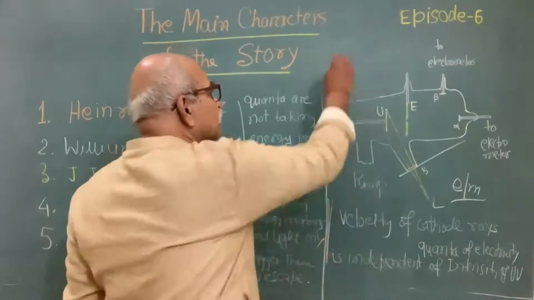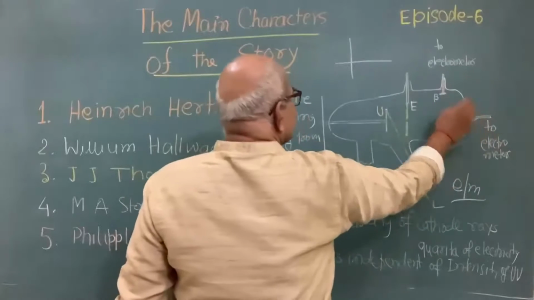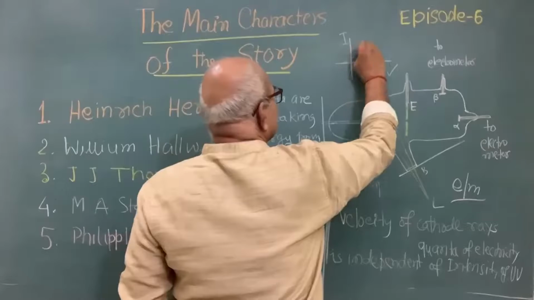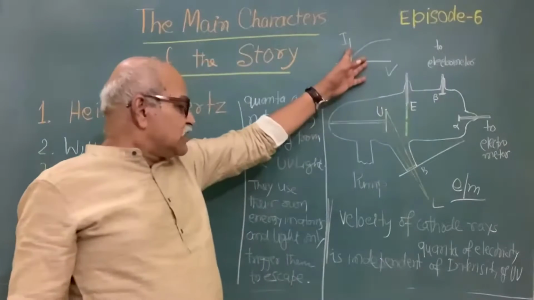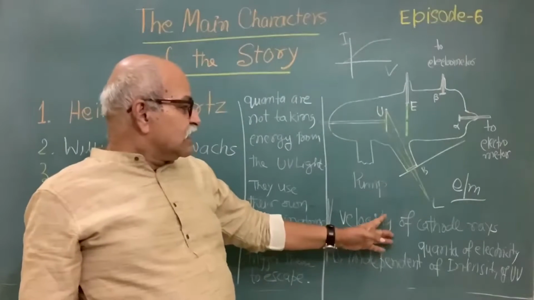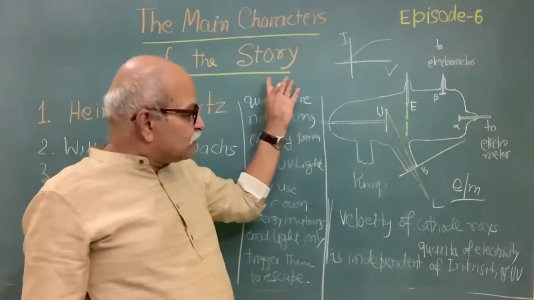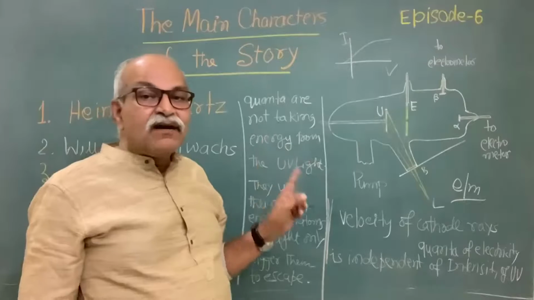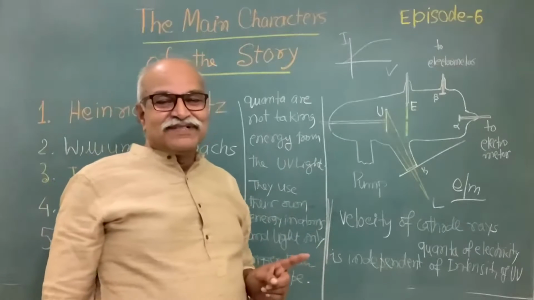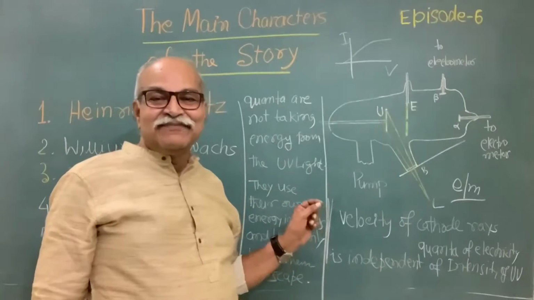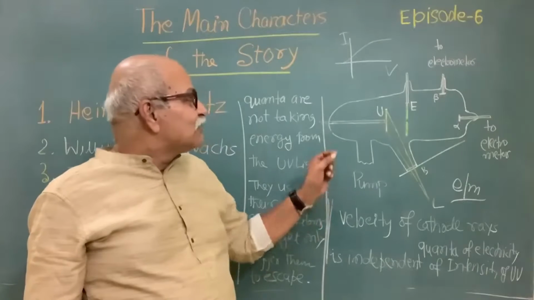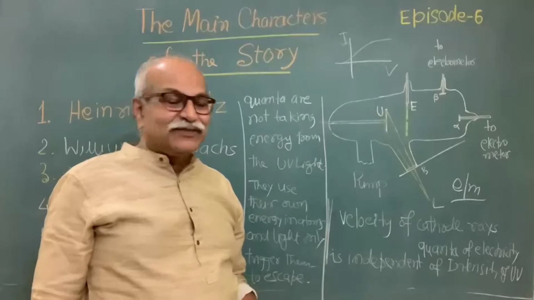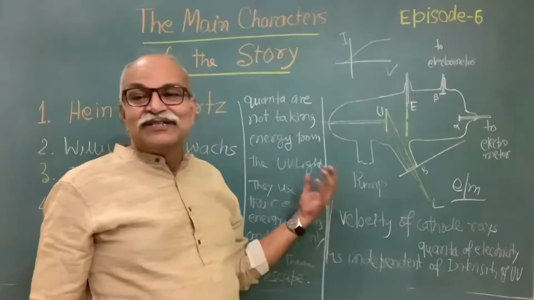So all that variation of this current as a function of this voltage, he knows that this kind of thing is measured, and then a lot of theory is developed from here. That is all derived from this. Lenard does not quantitatively explore the dependence of this current on frequency, or this maximum velocity on frequency.